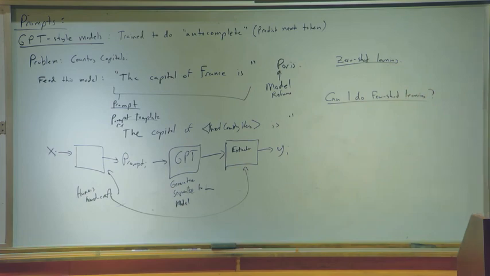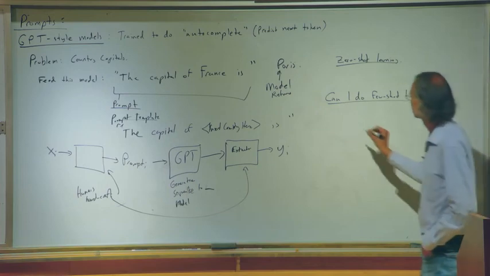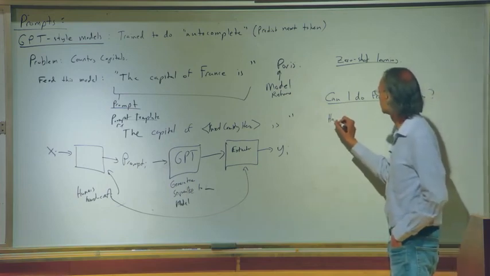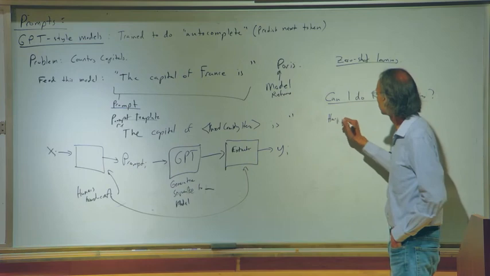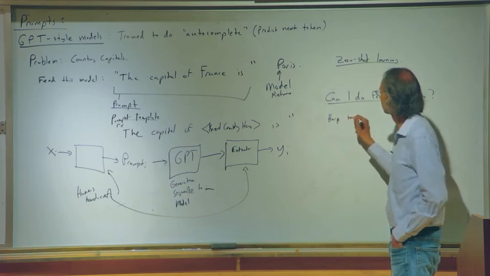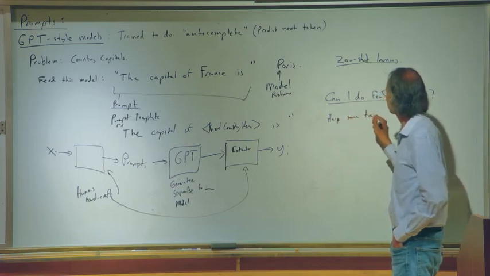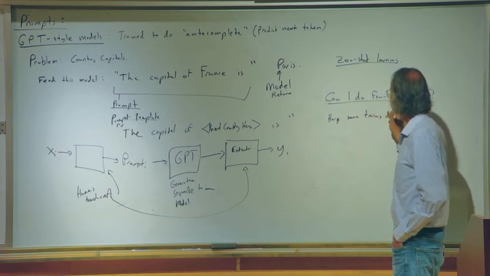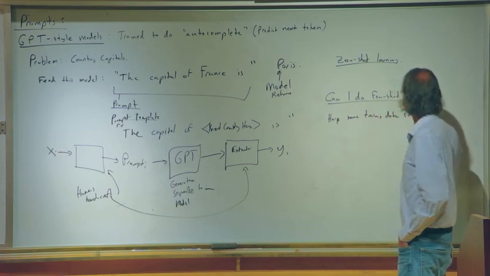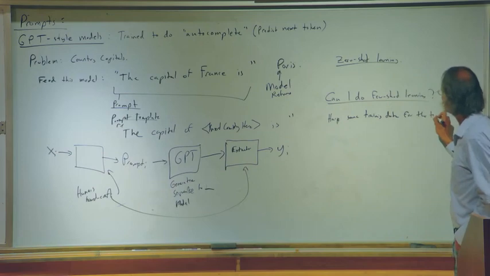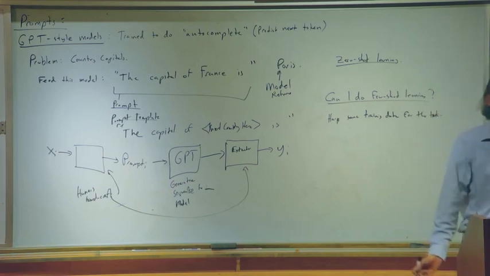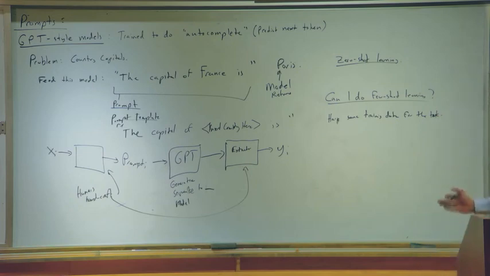And so for few-shot learning, you have some examples for the task. So how can you use this training data for the task?